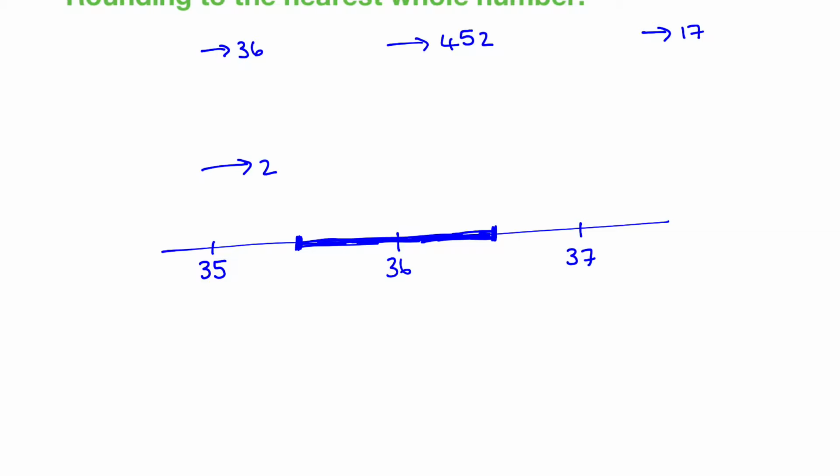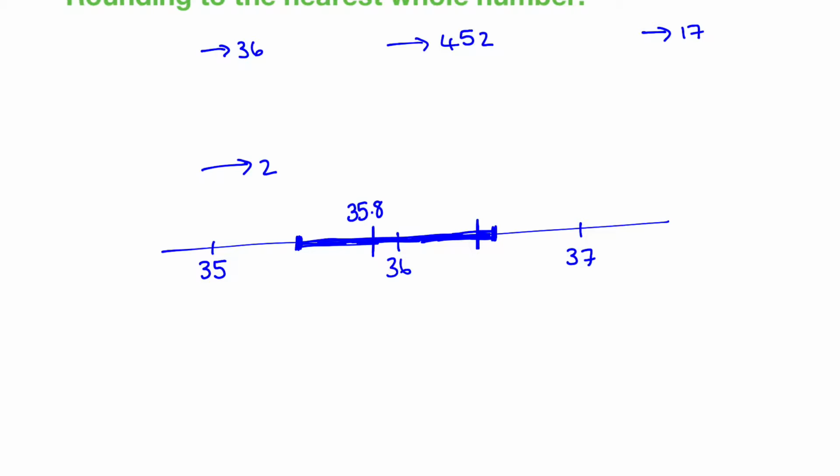But what could those numbers be? Let's think about a number that's really close to 36 here. What number might that be? Well, we're looking at decimals, aren't we? So it would have to be 35 point, and that might be 0.8, or it might be 35.9. Difficult to say, really. Or we could look round about here.